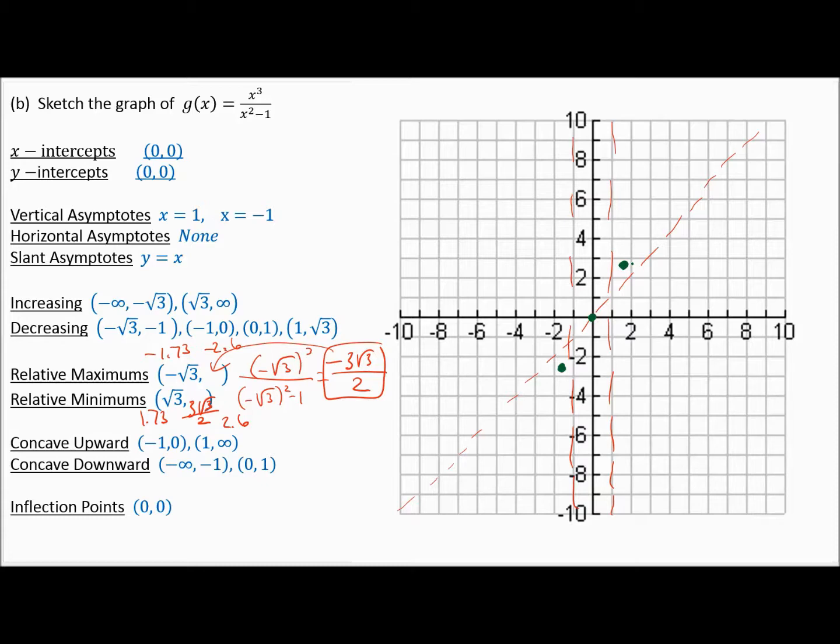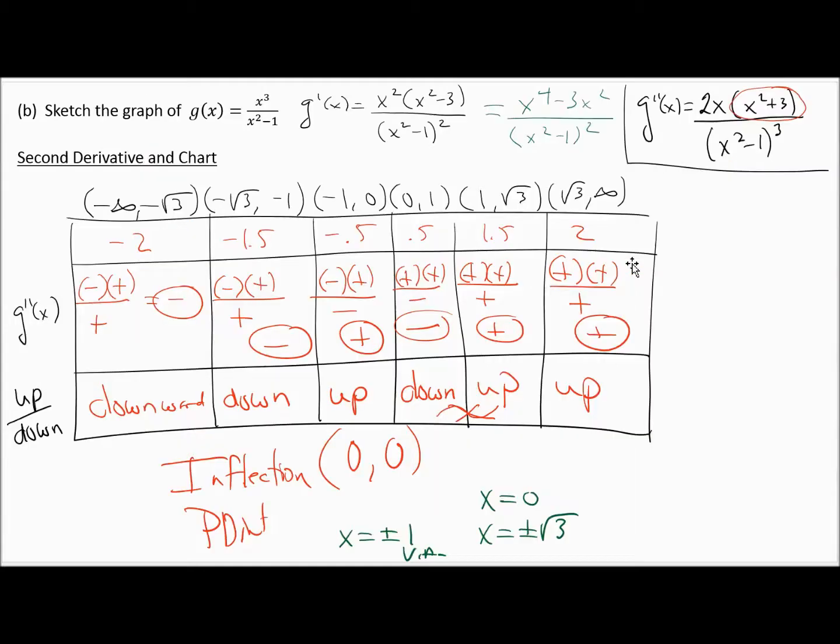All right. Now, we know we're concave downward from -1 to 0 and concave upward from 1 to infinity. Now, if you go look at your chart, I summarized some stuff. Notice we're concave upward from -1 to 0, and then there are 2 more intervals.